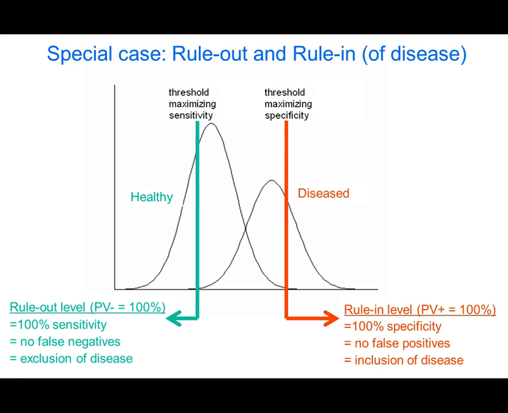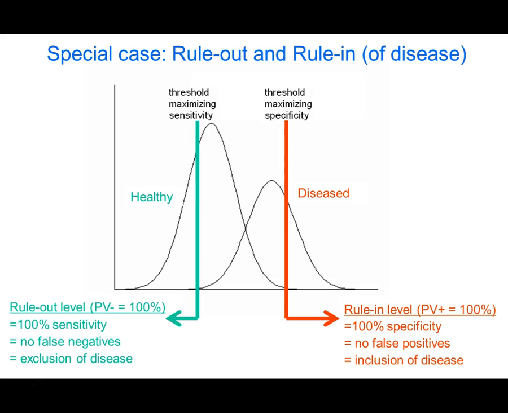There's a special case in which you would like to rule out or to rule in disease. Ruling out disease means that if a test is negative, the subject is 100% healthy. This means that all the diseased subjects are included.